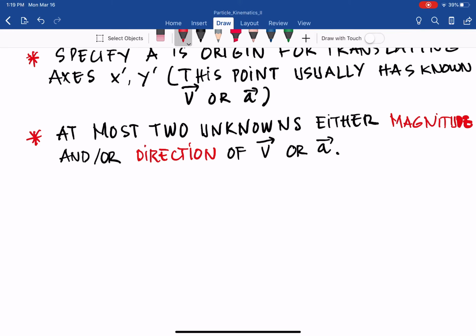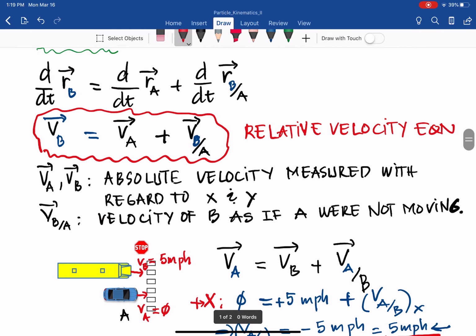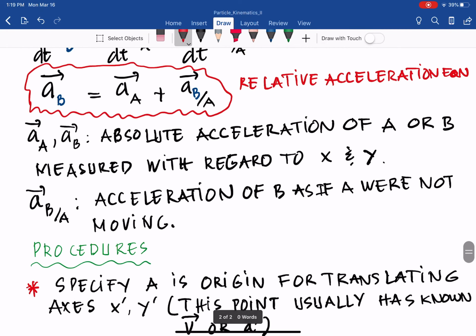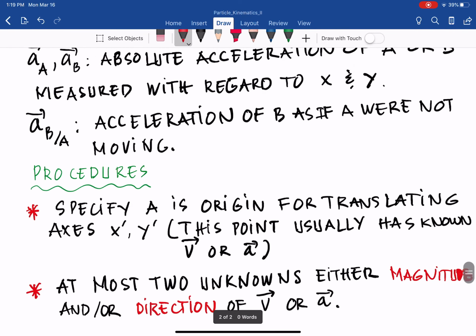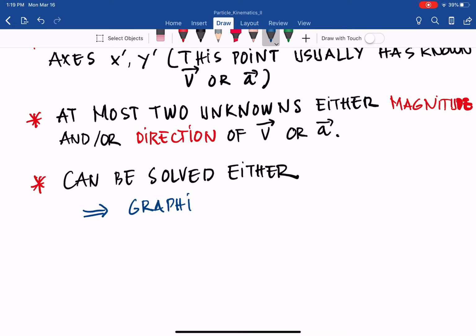And then the last note before we move on to solving problems: how can we solve the relative velocity equation or the relative acceleration equation? It can be solved by two methods. The first one is graphically.